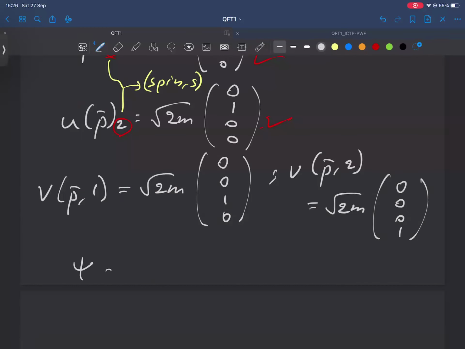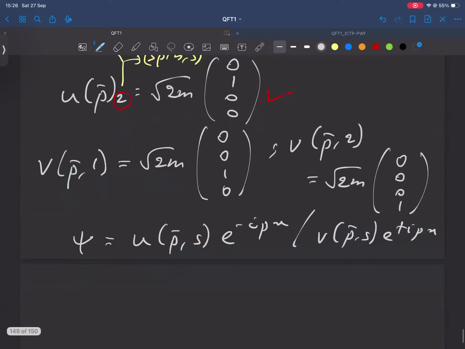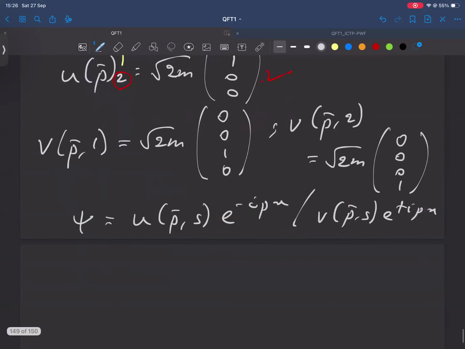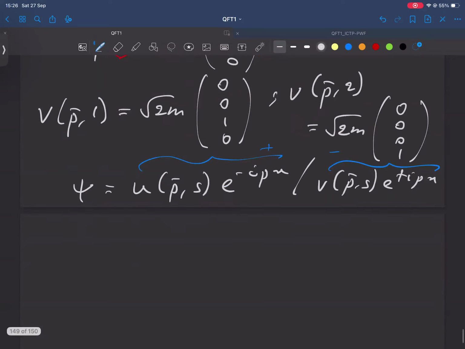So the full spinor is u_p(s) times e to the power minus ipx, or v_p(s) times e to the power plus ipx. This is the positive frequency part, and this was the negative frequency part.